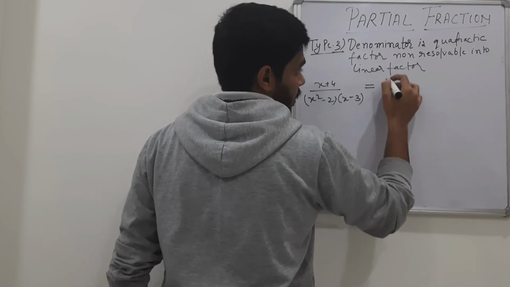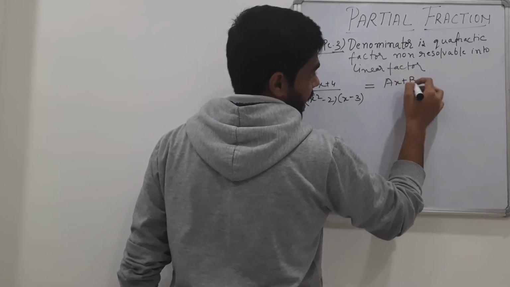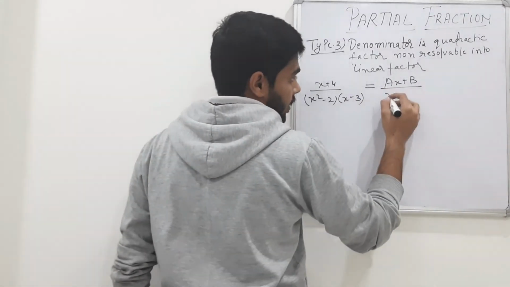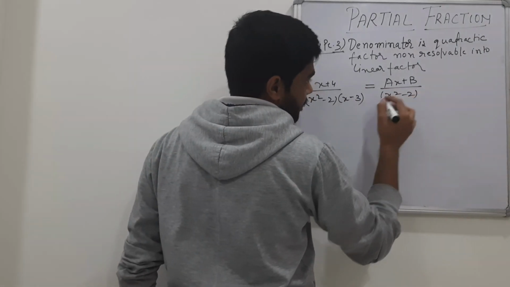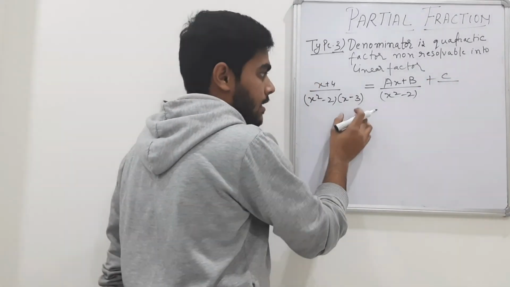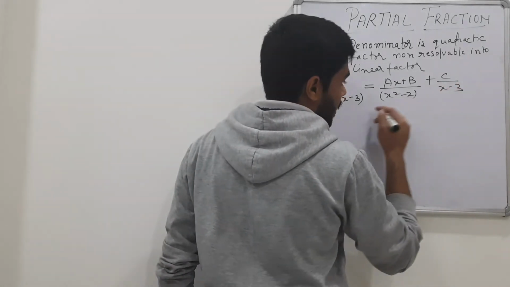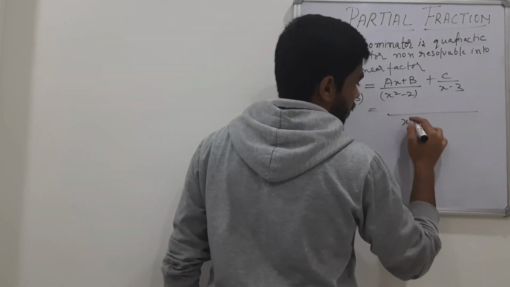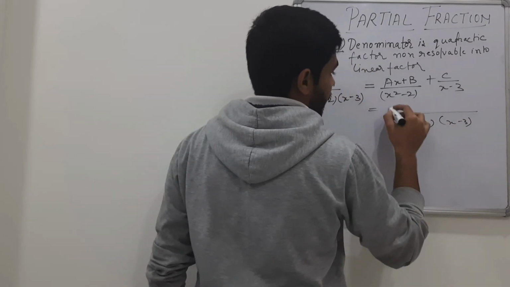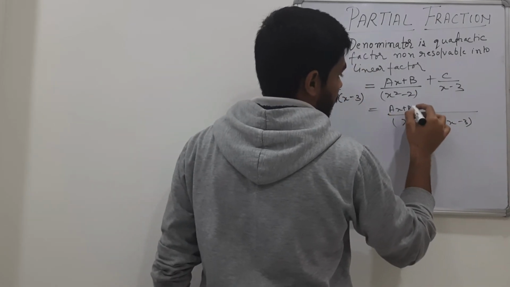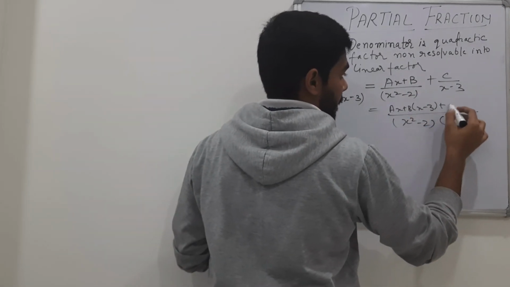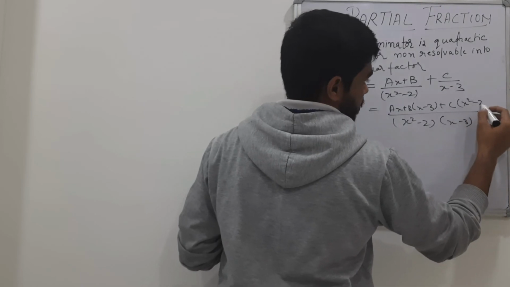Now the representation of this in partial fraction is ax plus b upon x square minus 2, because when there is a quadratic factor we write it like this, plus c upon x minus 3, which is a simple type 1 problem. Now take the LCM: ax plus b times x minus 3 plus c times x square minus 2.